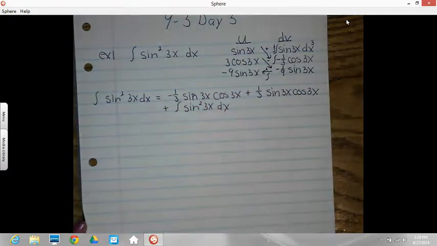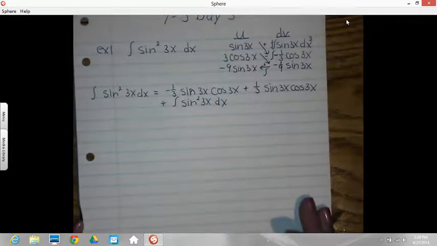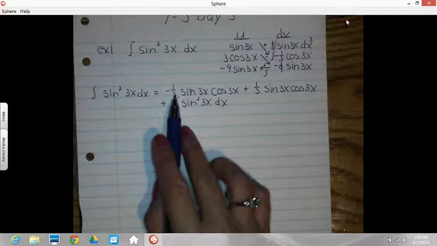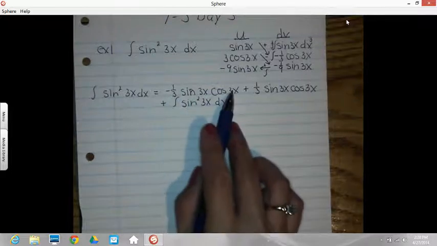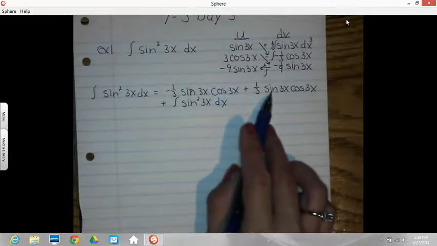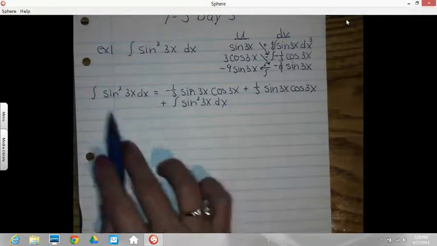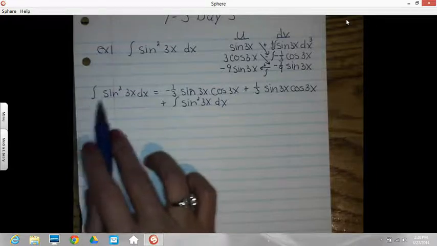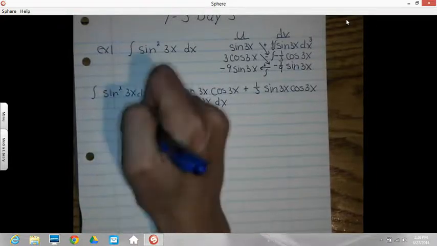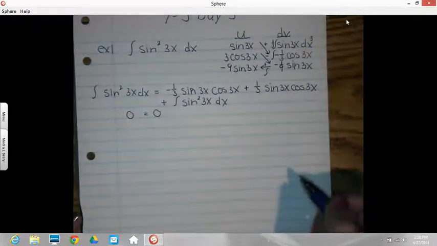Okay, well, if I take a look at this, I've got a negative 1/3 sine 3x cosine 3x plus a 1/3 sine 3x cosine 3x. Those cancel out, I get 0. If I bring this back over, I'll be subtracting sine squared 3x from that. I'll have 0 equals 0. Which is true, which means I did all the work right, but this didn't get the integral for me.